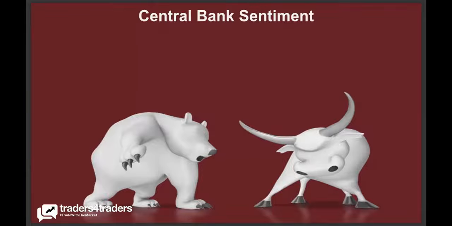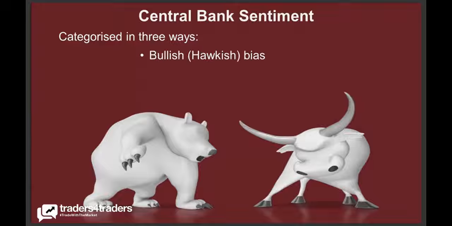Now, let me just wind that back just a touch. There's 3 major ways that traders categorize the sentiment from the central banks. A hawkish tone is a bullish bias. They're talking the prospects of rates up. A dovish tone is bearish. They're thinking, well, things aren't looking so good, we may have to cut rates.